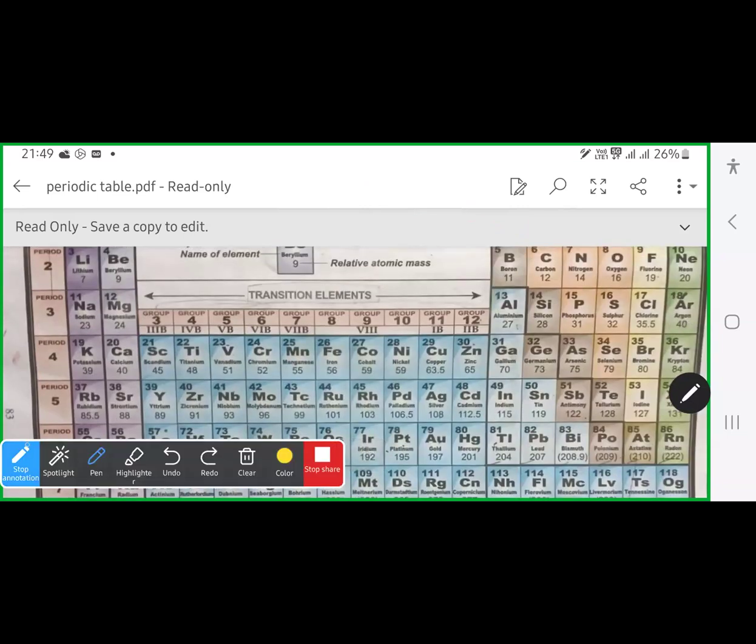Is it visible to you? Below it, all are metals. Above it, all are non-metals. And on this line, these are metalloids. Clear? Yes, sir. Comfortable, mera bachcha?